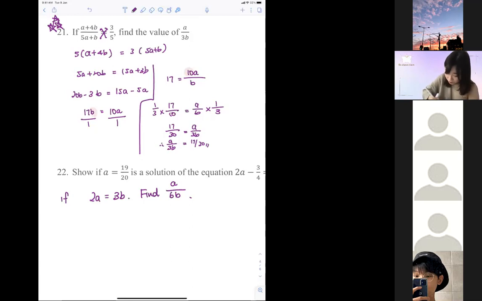Okay, this is a quiz. When you're done solving, you can take a picture and send me. I give you 2 minutes, okay?